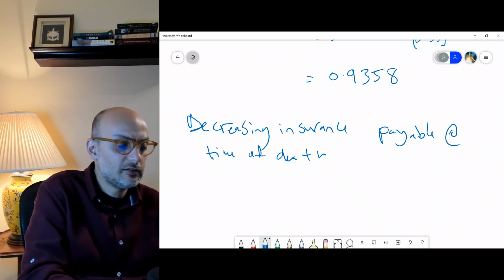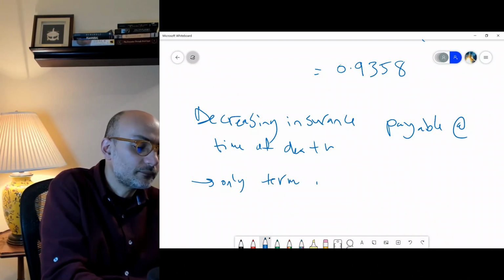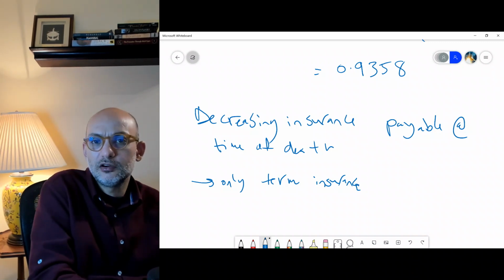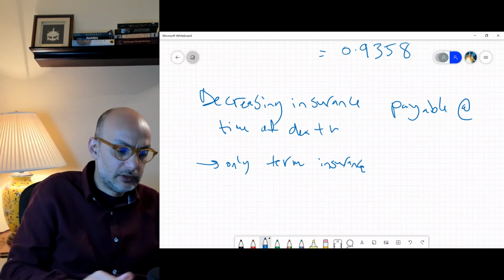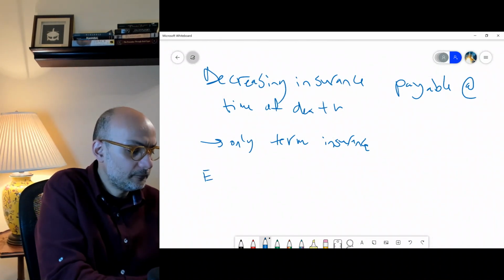So in decreasing insurance, we only have term insurance. Again, why do we only have term insurance? To avoid the possibility of a negative payment. Let's take one example, the same example we did.